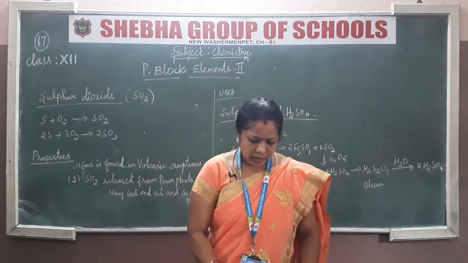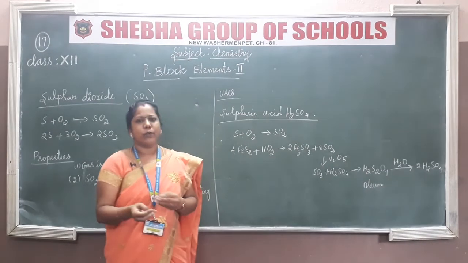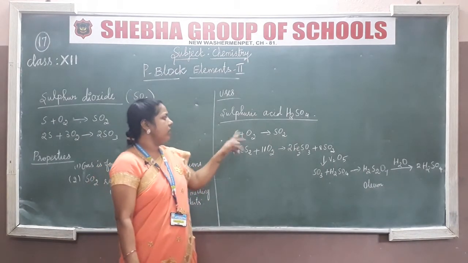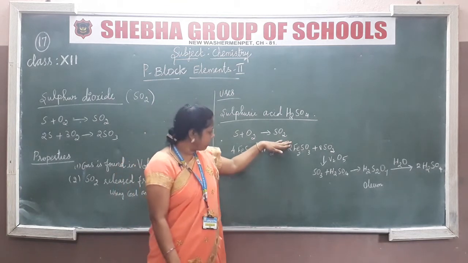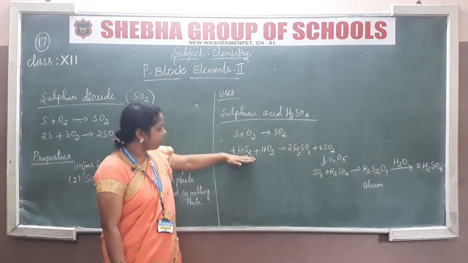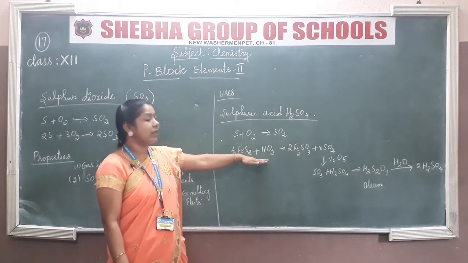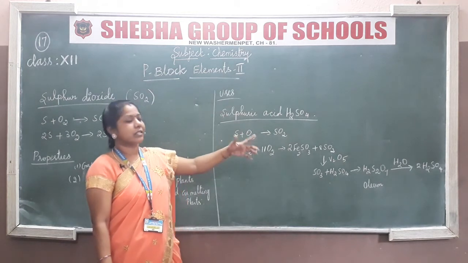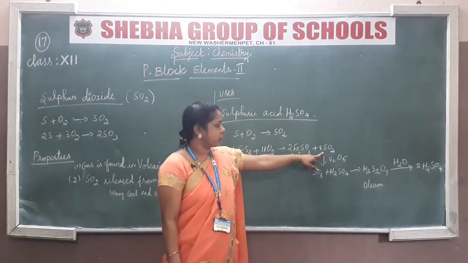Okay, and then the manufacture of sulfuric acid goes through a few steps. First, sulfur reacts with oxygen to give sulfur dioxide, and then ferrous sulfide reacts with 11 molecules of gaseous dioxygen, and we get ferrous sulfate and sulfur dioxide too.